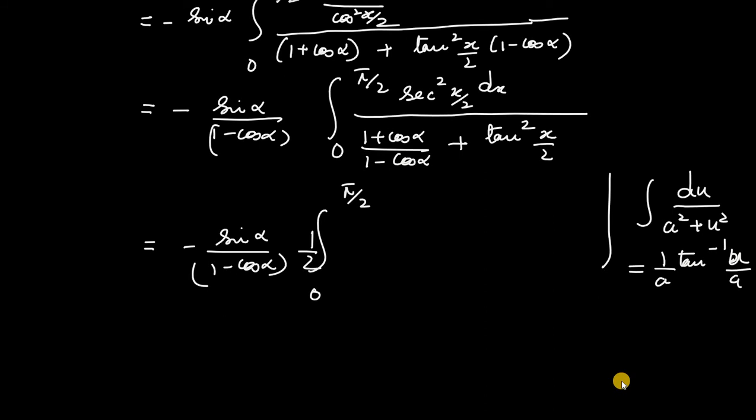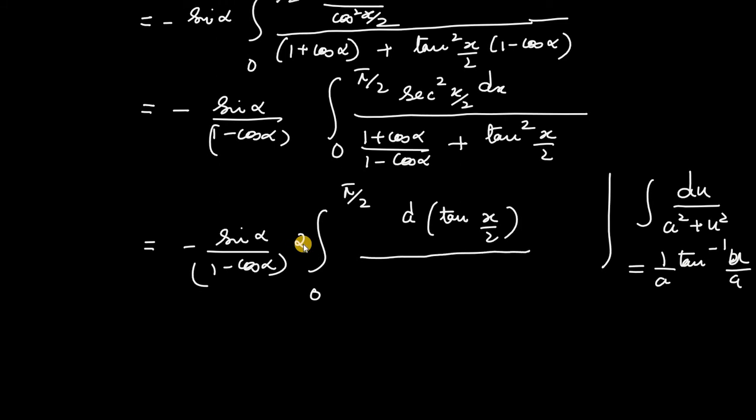So you get 1 by 2 into, okay, can write here this one as d of tan x by 2. Okay, if I differentiate this one, 2 will come out from here. So actually I have to multiply by 2. This should be 2 here.